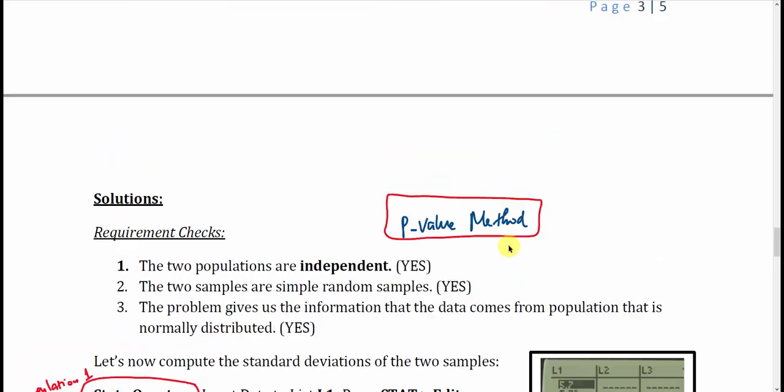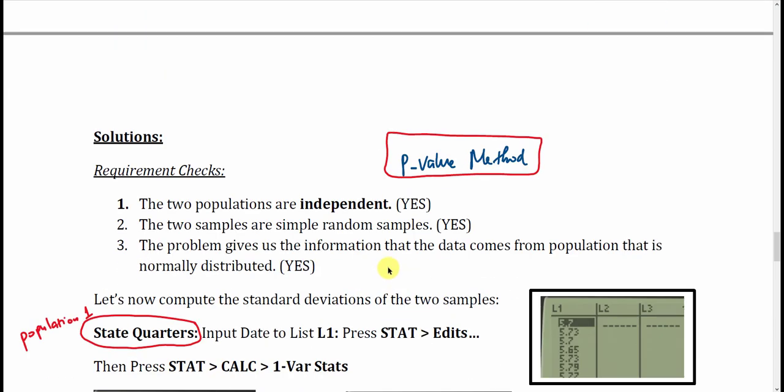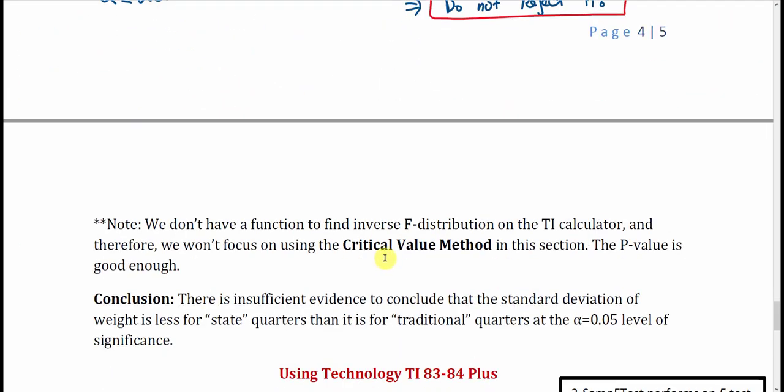Because in order to use the critical value, we have to be able to find the critical value given alpha, and we don't have the function installed in your TI calculator to help you find the inverse F distribution. Therefore, we won't focus on using the critical value method in this section. So the p-value is good enough.